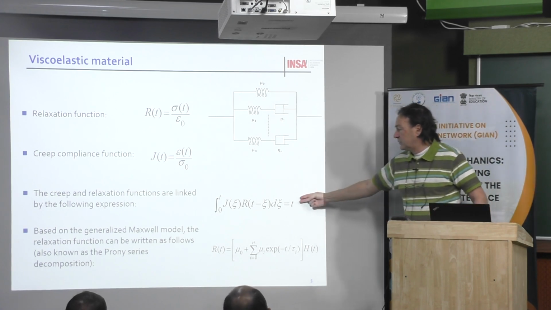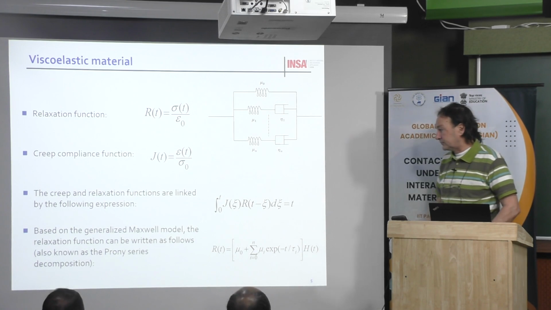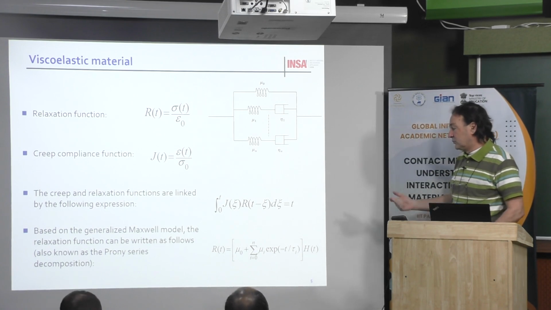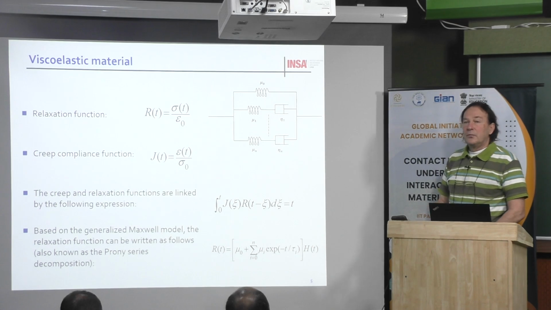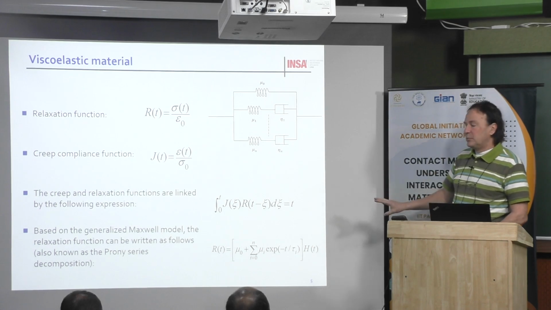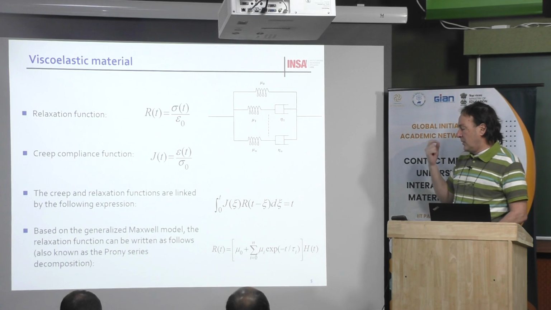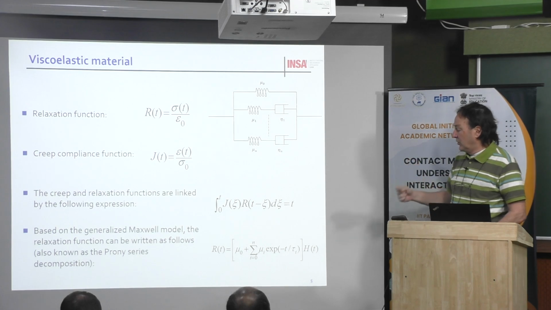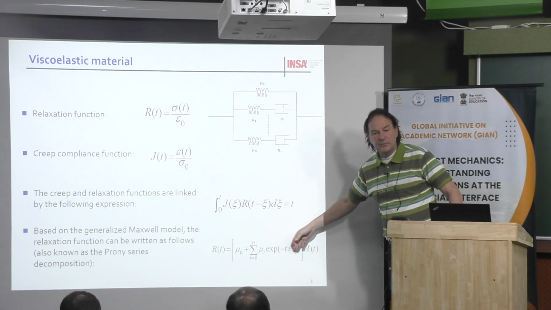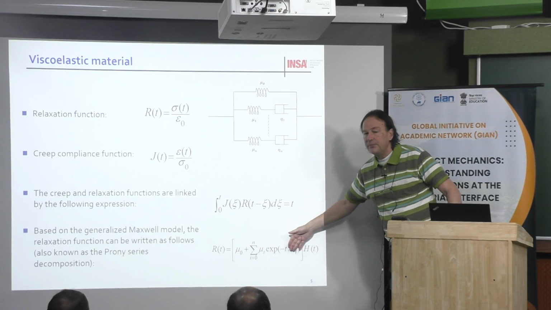Then we have a relation between both functions. And also you have to know that for most of what I will present, we use only one function, but it's possible to use a generalized Maxwell model to have several modes. Then you can have several viscoelastic modes.